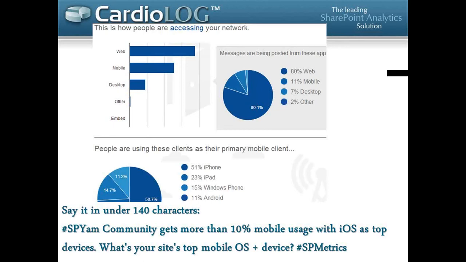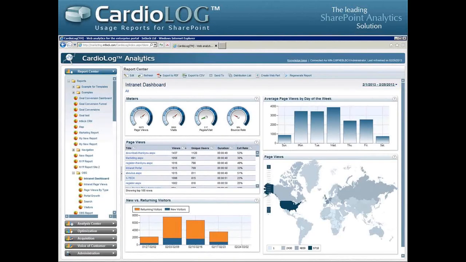And don't be surprised when you first look at your mobile usage if it's less than 1%. It's very, very common for the first time you look at mobile traffic to notice that it's less than 1%. Now, why would I say don't be surprised?